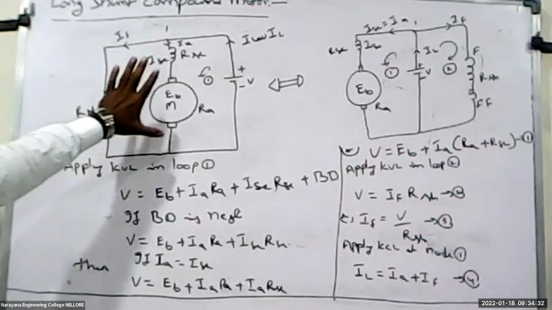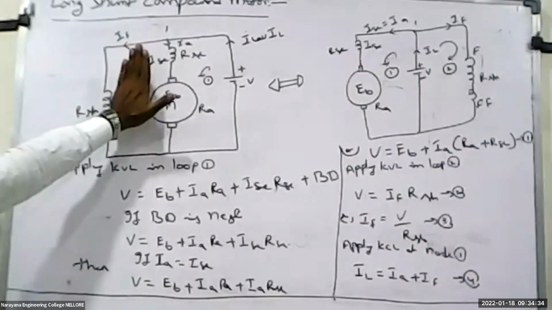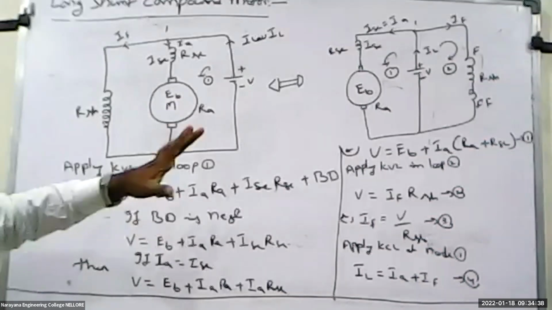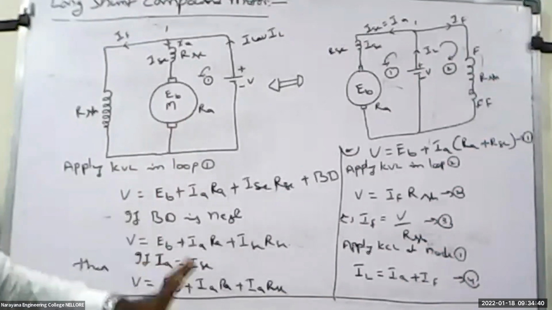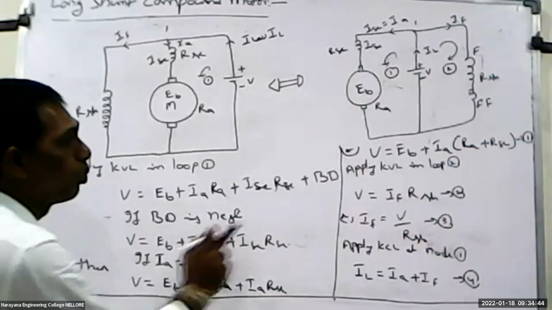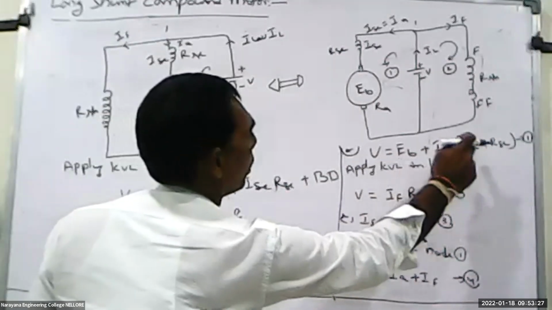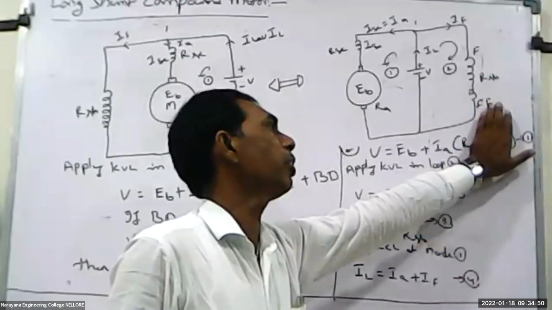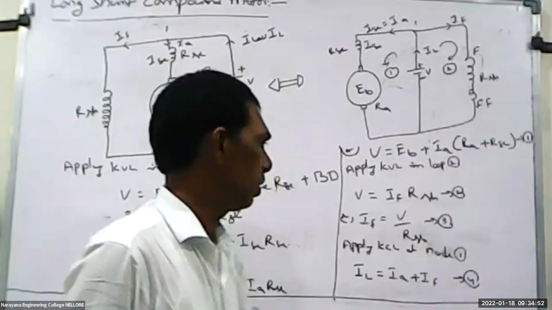So if you want to go for a long shunt compound motor, the previous equations and these equations are approximately the same, except in this equation V is equal to EB plus IA into RA plus RSC. Here we have replaced IA into RA, you will get the previous equations.